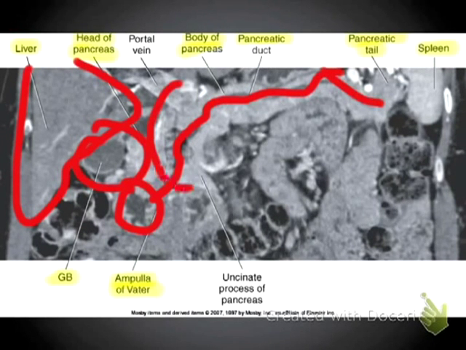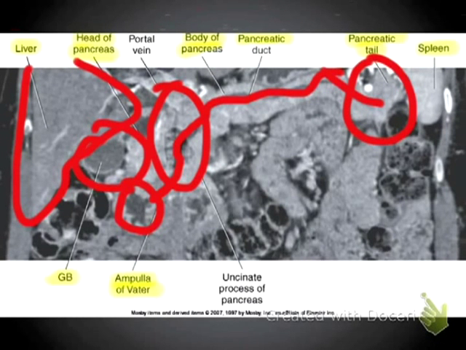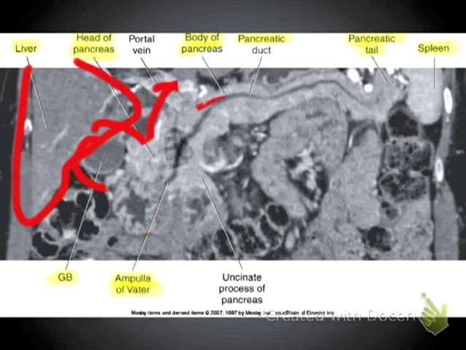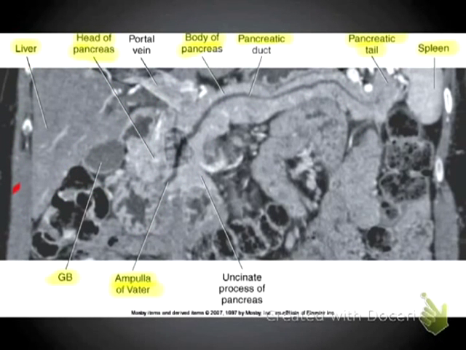We have the head of the pancreas here, tail of the pancreas there, and this area here is the body of the pancreas. Also, we appear to have the splenic flexure over here, and we're probably looking at ascending colon going into the hepatic flexure here as well.